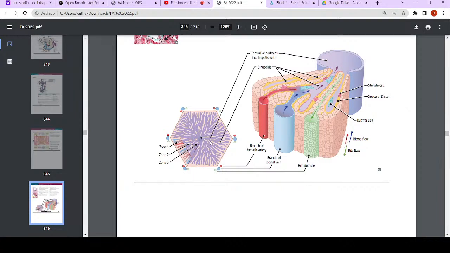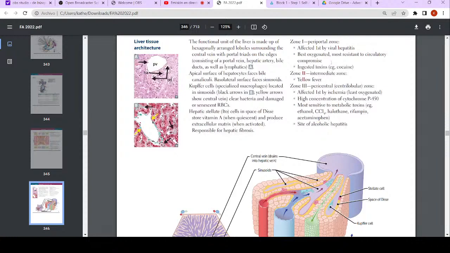The one that's near the central vein is zone 3, the one that's near the hepatic artery, the portal vein, or the bile duct is zone 1, and in the middle is zone 2. The first zone is the periportal zone, and it is affected by viral hepatitis. That's not the case here, but if we see a case of viral hepatitis, we can imagine that the zone that is damaged is zone 1, the periportal zone.